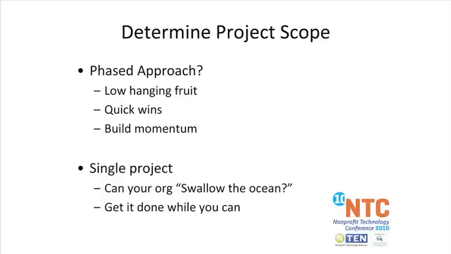Let's do volunteers first, and then we'll get the development department. Once they see how well that volunteer thing works, they're going to want to jump in. And after that, we'll go and we'll get service delivery, and maybe we'll then do some board management. You do this phased approach, and for nonprofits, you can go and you can get funding for discrete parts of it, and you can create your focus and lessen the disruption.